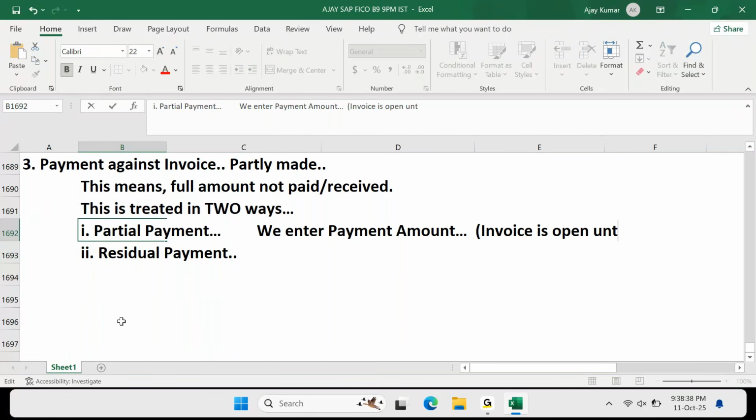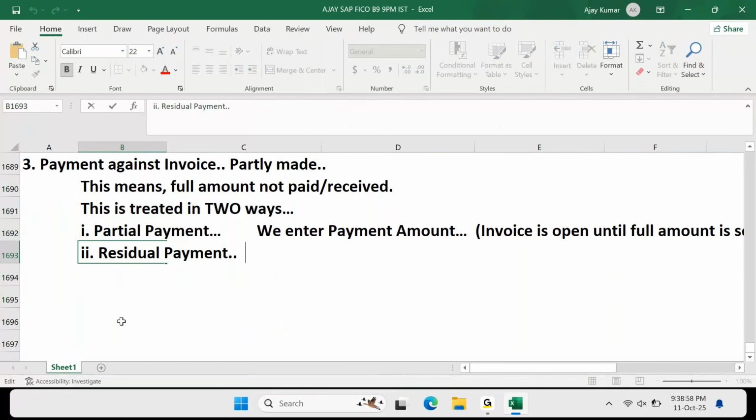The invoice is open until the full amount is settled. Clear? Invoice is open until full amount is settled.